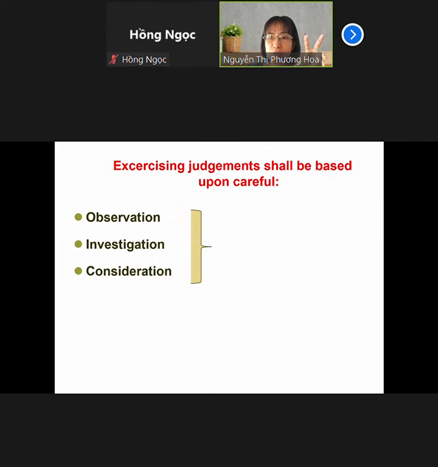First, you have to observe things, and then you have to investigate whether these facts are true. You have to observe, investigate, and consider the connections, the relationships between facts and rules, and the relationships between the facts as well.